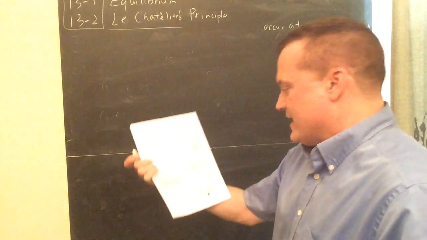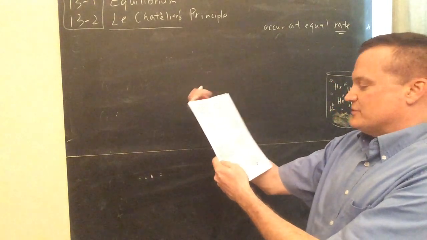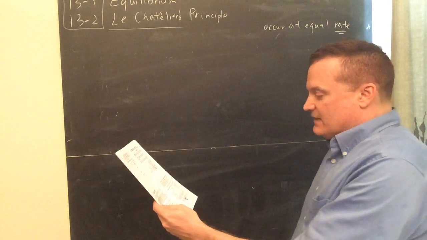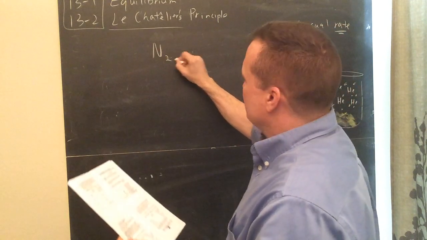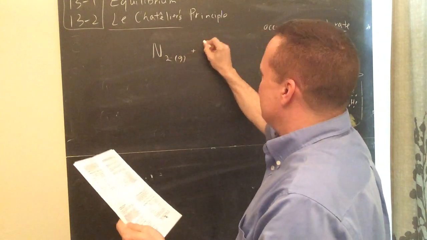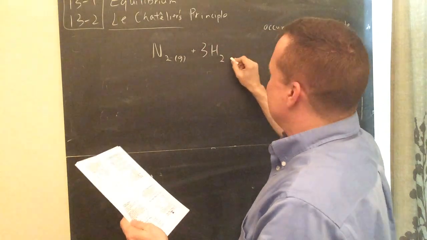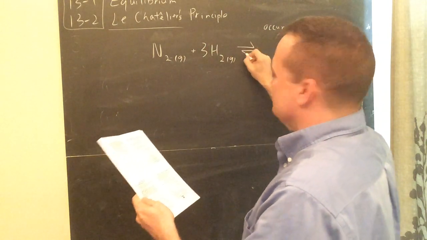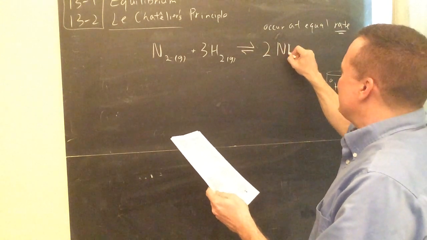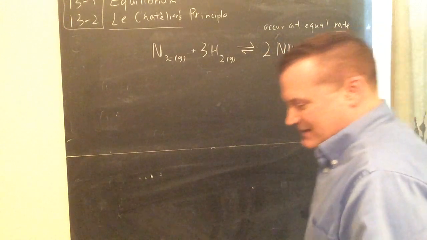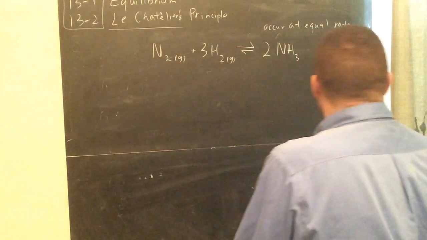Okay, so part two, after that, the effect of volume and pressure. This is a neat thing about equilibrium gas systems and Le Chatelier. Think about pressure and think about the volume of a container, like maybe a container with a movable piston.